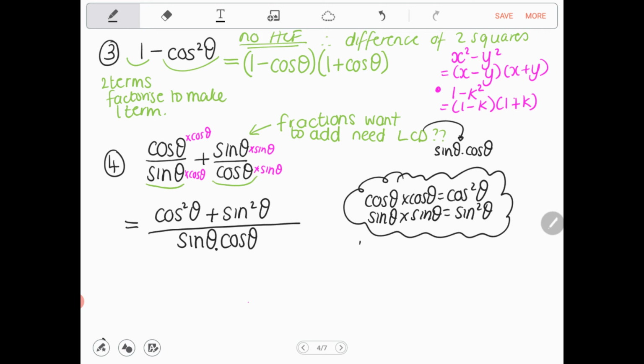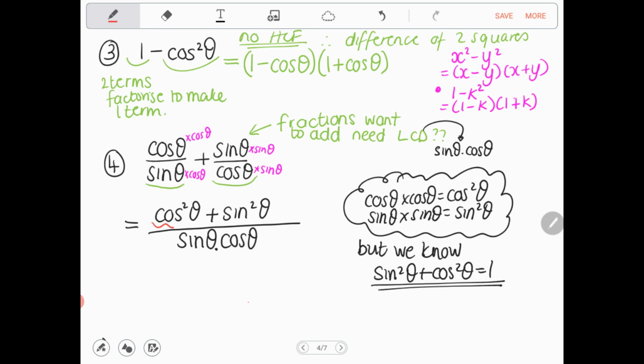And then, what do we know? We know from our identities that sine squared theta plus cos squared theta, that's our fundamental identity. So I'm going to replace this cos squared plus sine squared, which is the same as sine squared plus cos squared, with a 1.